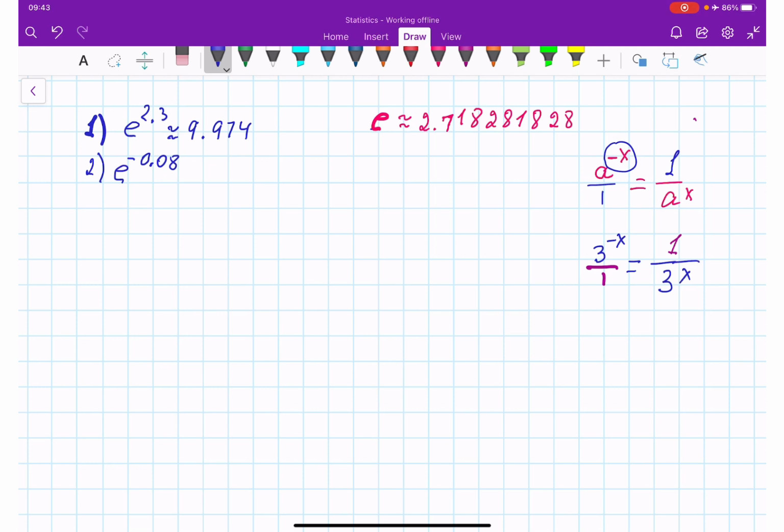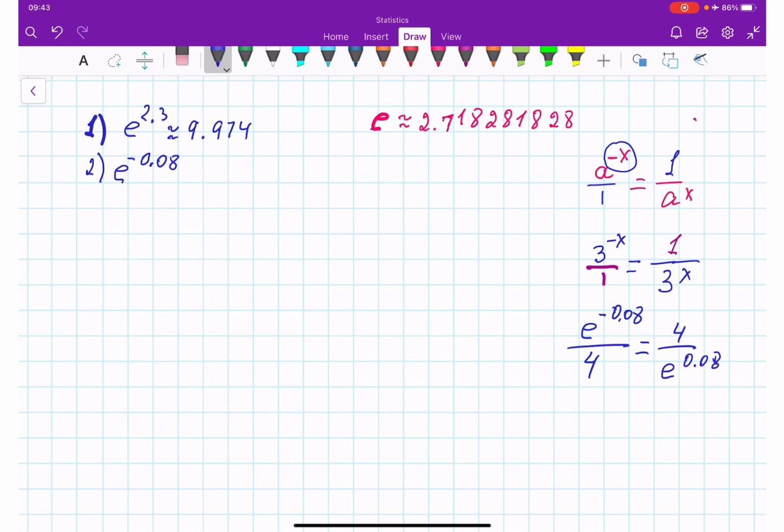Now what if you have, let's say, e to power negative 0.08 over 4? It's still going to flip. You will get 4 over e to power 0.08, positive.